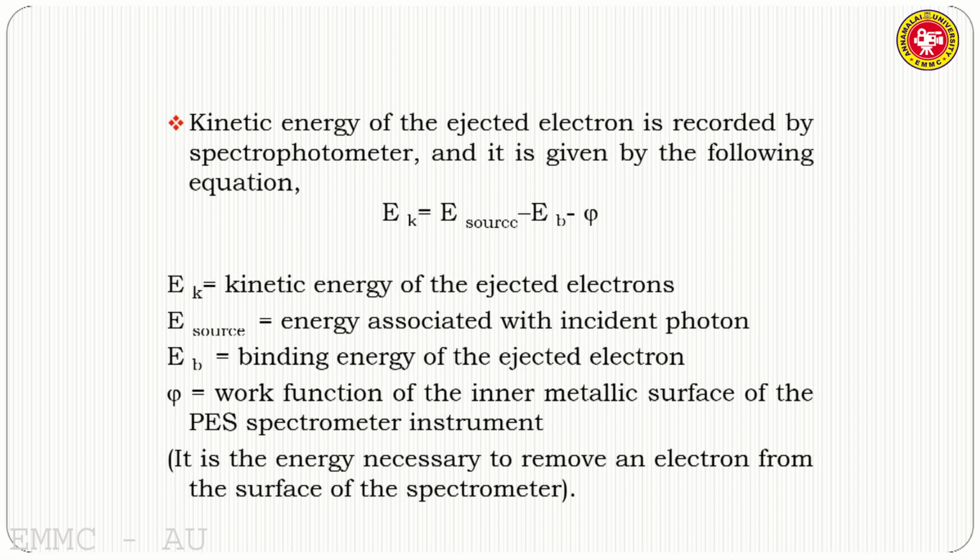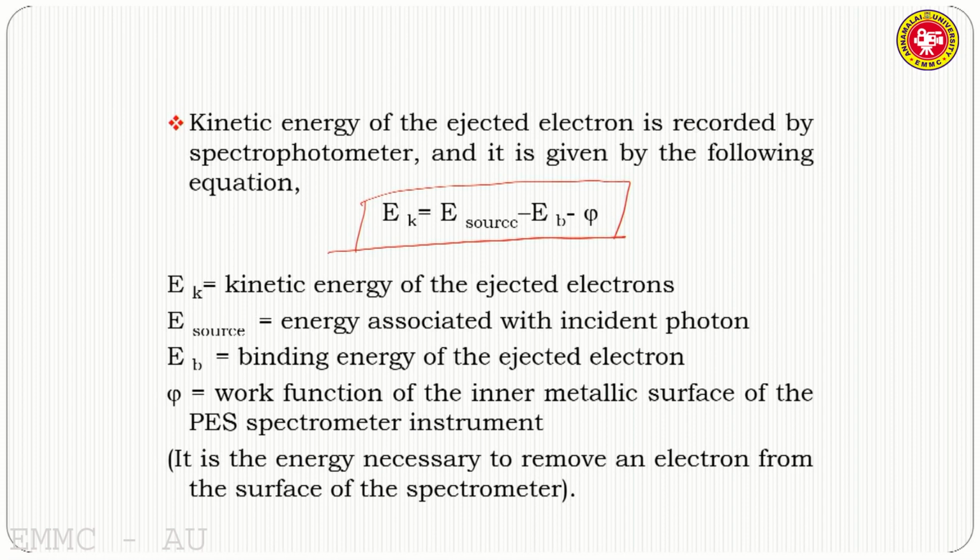The kinetic energy of the ejected electron is recorded by the spectrophotometer, and it is given by the following equation, that is, E kinetic is related to the following factors: Ek equals E source minus Eb minus phi, the work function of the spectrometer.